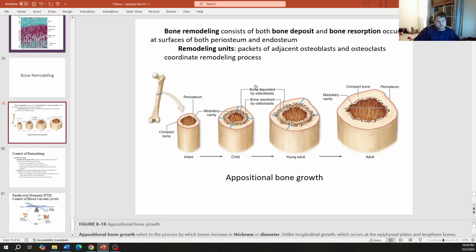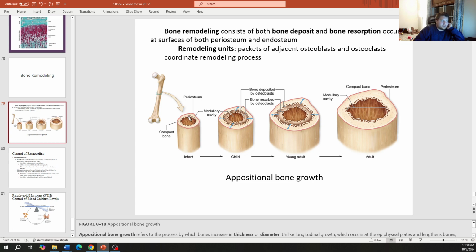Remodeling also refers to, not to mention, as we grow, this is more that appositional bone growth, growing outwards, right? As we grow, it grows outwards, the medullary cavity needs to expand and get bigger.